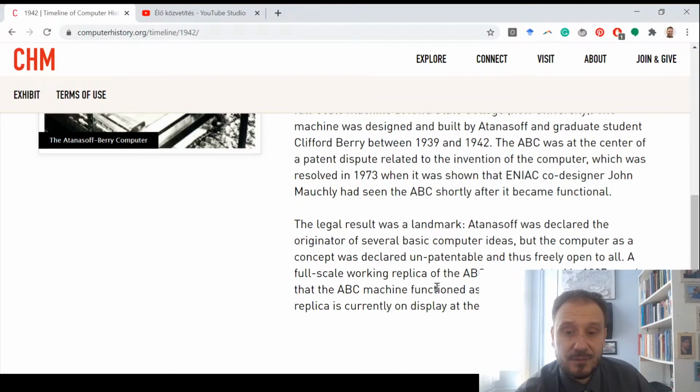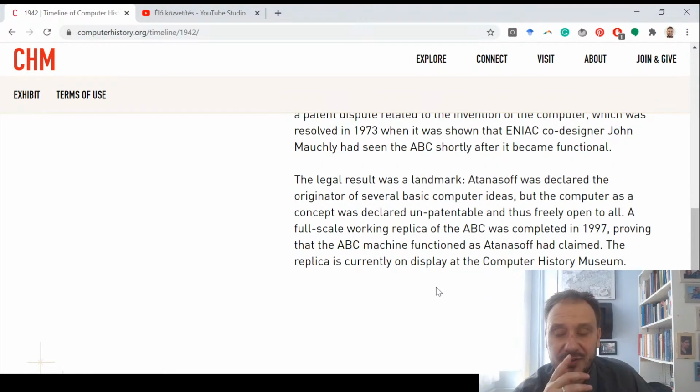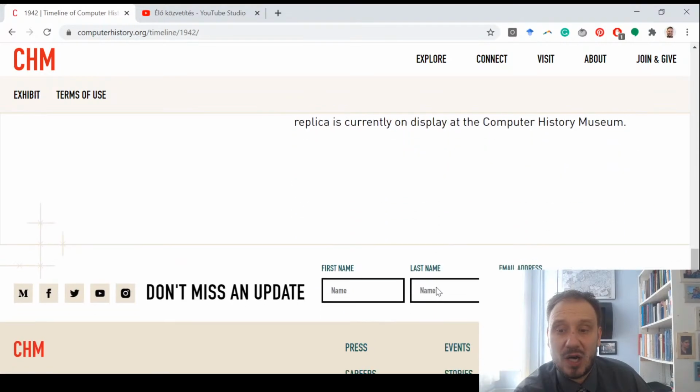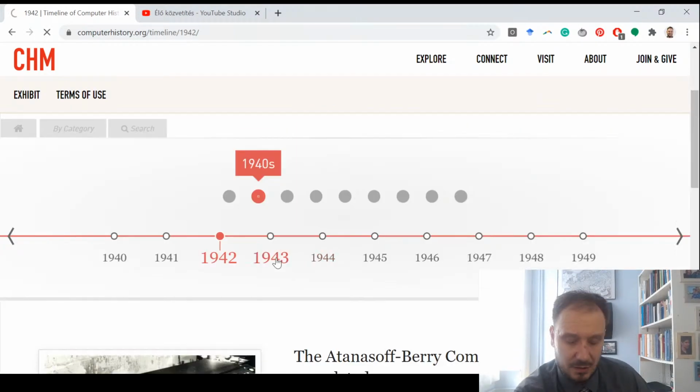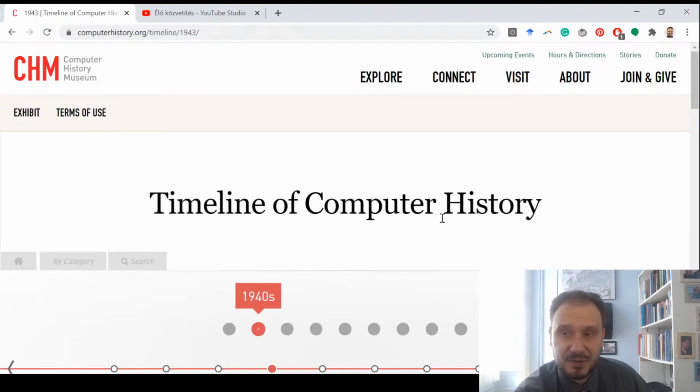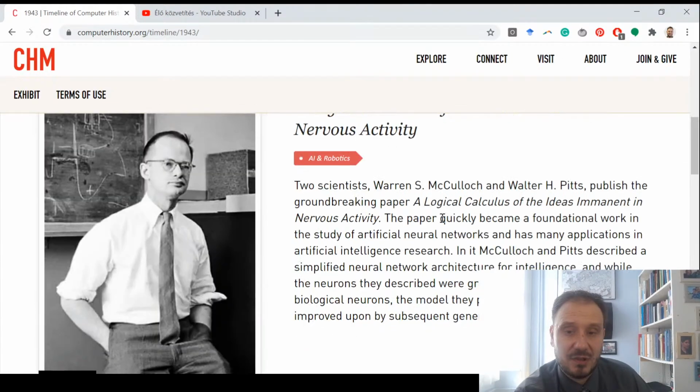So this computer was built as a replica in 1997, and it was proved that the machine functioned as Atanasoff had claimed. The replica is the one that can be seen in the Computer History Museum. If you can find the time and after the pandemic, maybe it's worth going there.